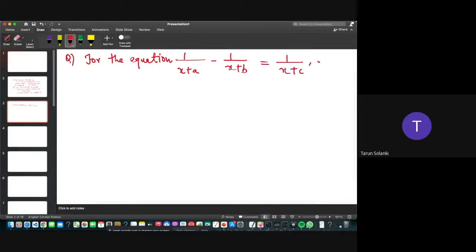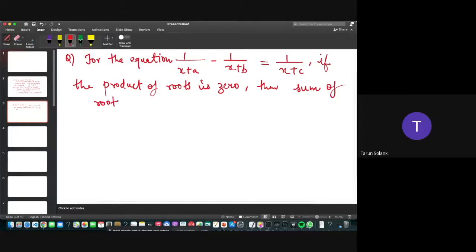We have to find, if the product of roots is 0, then the sum of roots is.